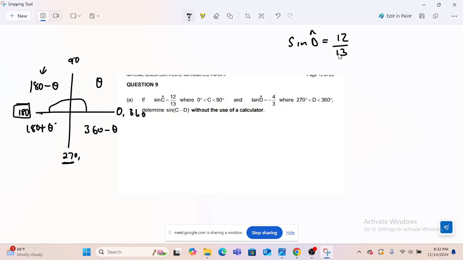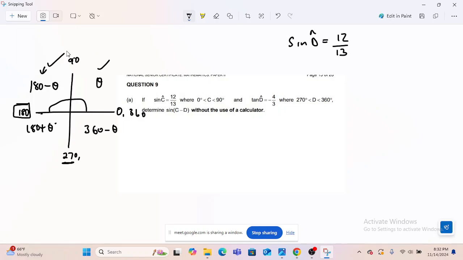The first thing is to look at the ratio that is given here. You need to ask yourself, is this ratio positive or negative? You can see that the ratio is positive, so automatically the angle that you're going to obtain is a positive angle. Basically you need to look at the quadrants at which sine is positive. Sine is positive on the first quadrant and also on the second quadrant.